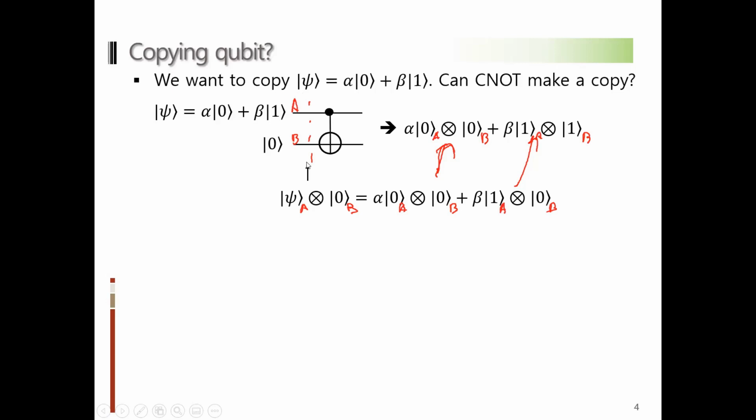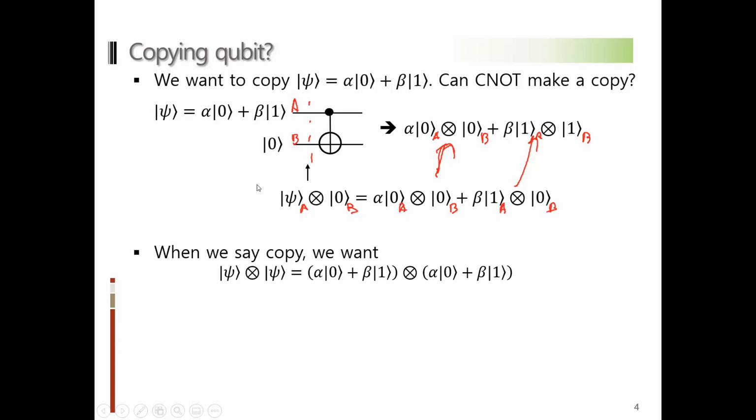What we mean by copy is that each of the A qubit and B qubit will be in the same state like this one. If I express such a situation, then A qubit and B qubit should be the same, like this.